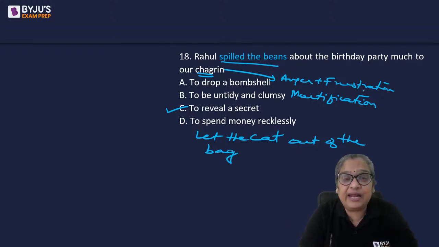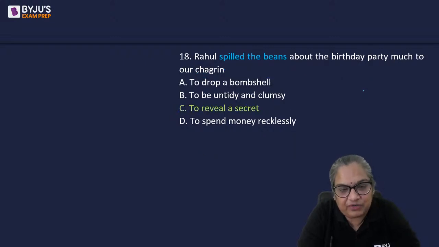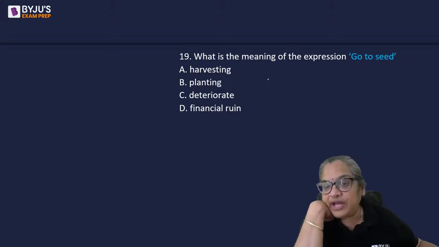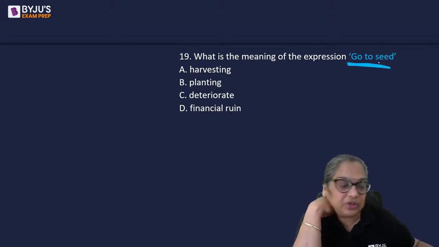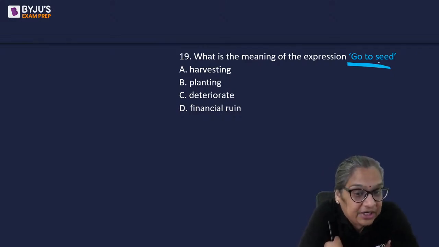Today I was all ready at 12 o'clock for the class. Much to my chagrin, it was at 1. Annoyance, irritation, but mortification. All right. What is the meaning of the expression go to seed? When you say something has gone to seed, what does it mean? Harvesting, planting, deteriorate, financial ruin.